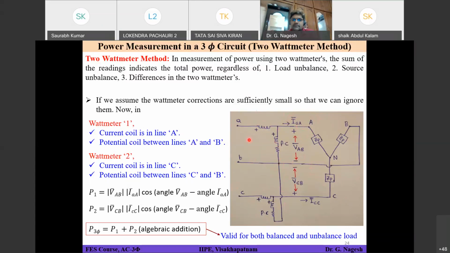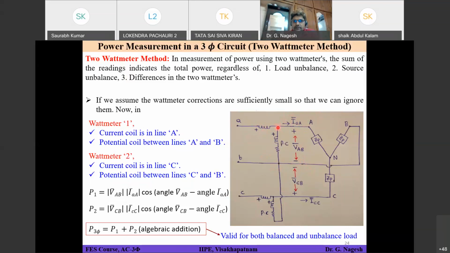So what will be the reading of wattmeter W1? It will be given by the same basic expression which we have already seen. For wattmeter W1, what will be the voltage? VAB. The basic formula is Vrms into Irms into cos of the angle difference between the voltage and current. What is the voltage applied to the potential coil of wattmeter 1?